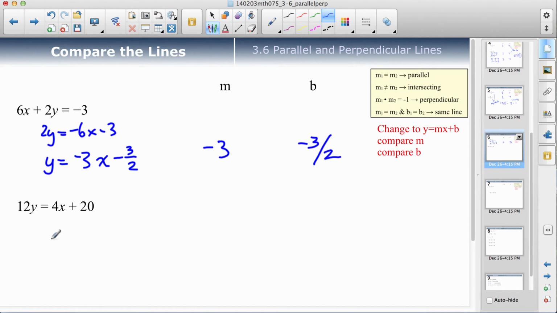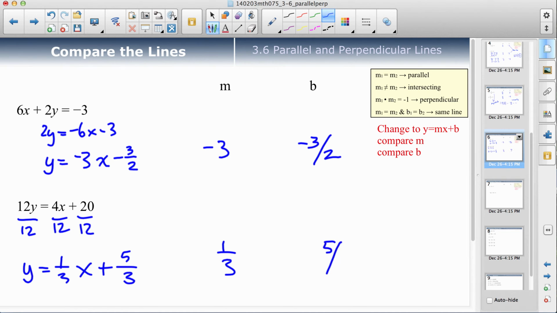Let's check this one. I just have to divide by 12. So divide by 12, divide by 12, divide by 12. So y is equal to 1/3 x plus whatever 4 will go into each of those, so 5 over 3. So the slope is 1/3 and the y-intercept is 5/3.